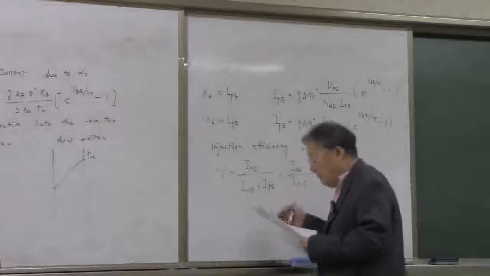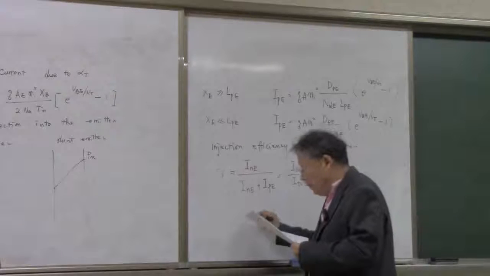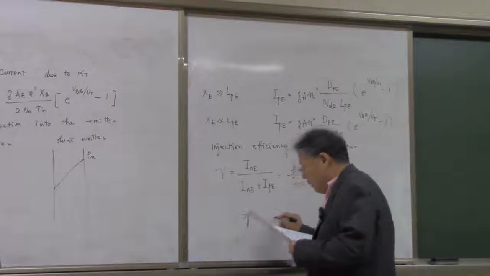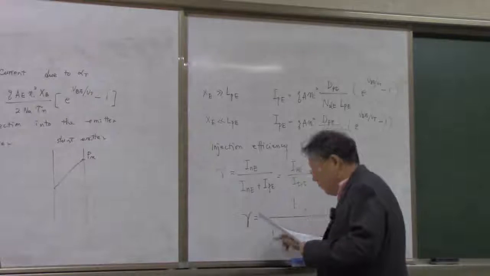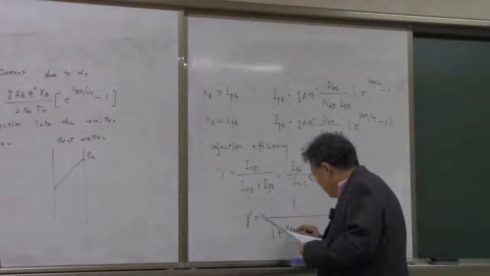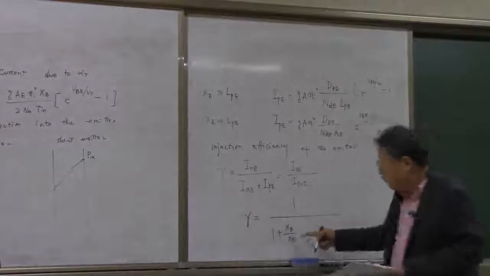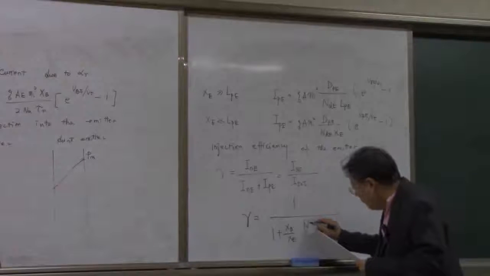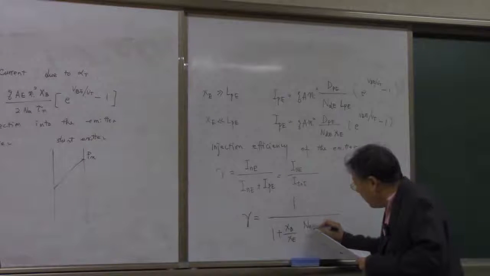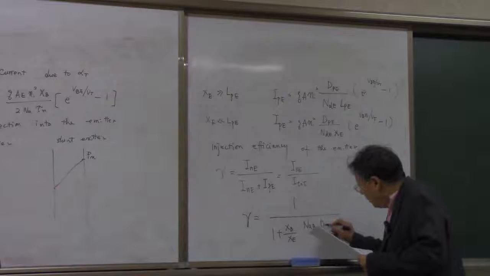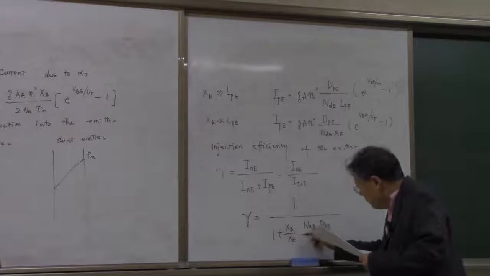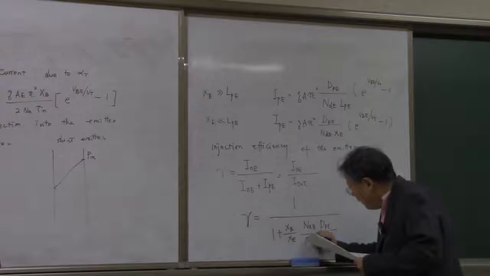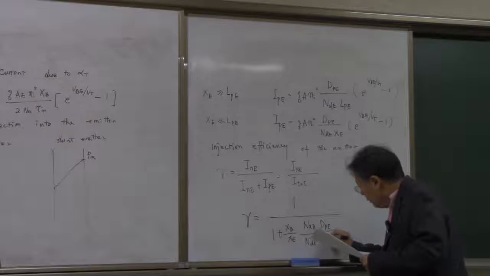And we can see gamma can be represented by XB over XE, that is the physical dimensions ratio, and the doping of the base and the doping of the emitter.